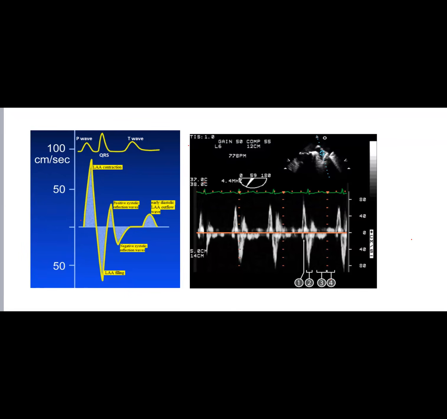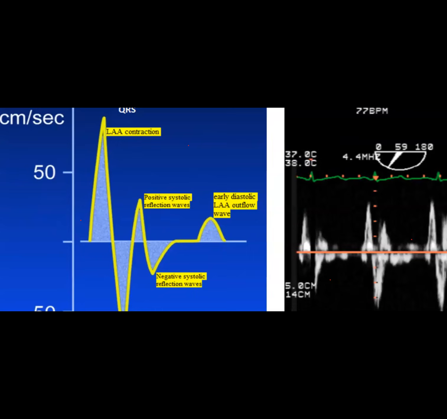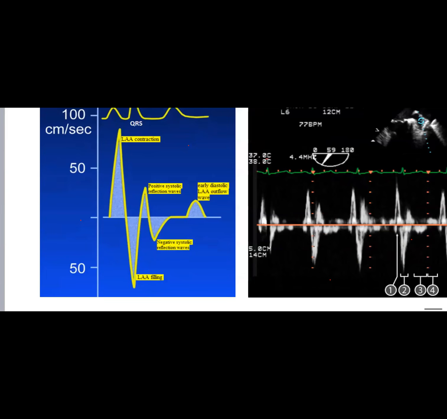We have approximately four velocities: 1, 2, 3, and 4. Look at the first one, which is here. This is the atrial kick velocity, meaning during atrial contraction, the LA appendage contracts, and that's the velocity. Now, look at this one here.